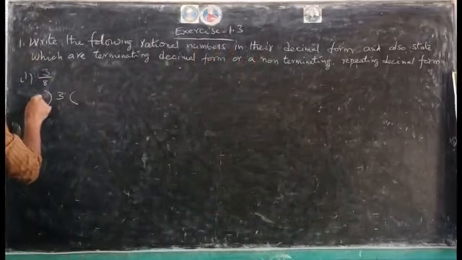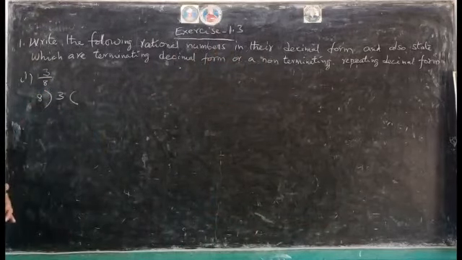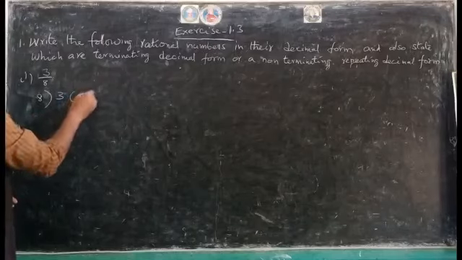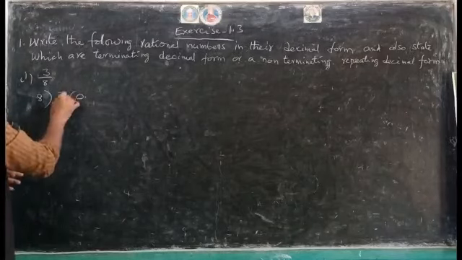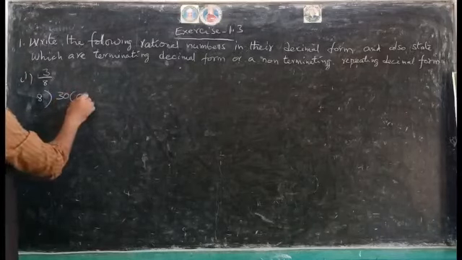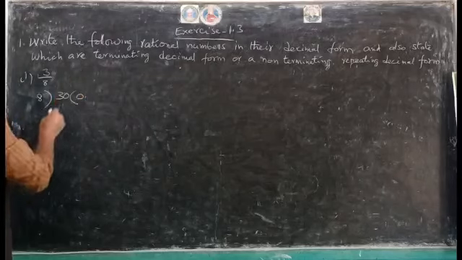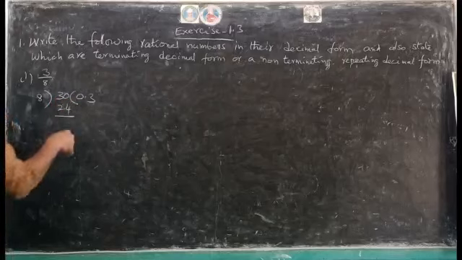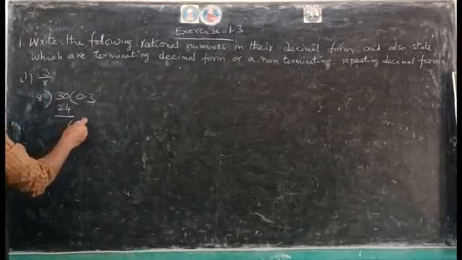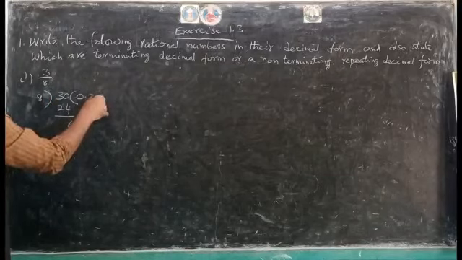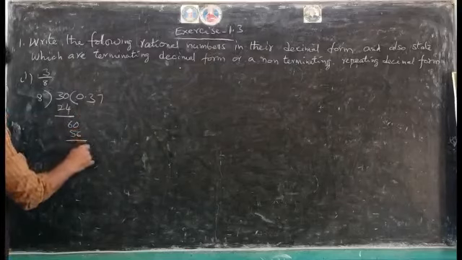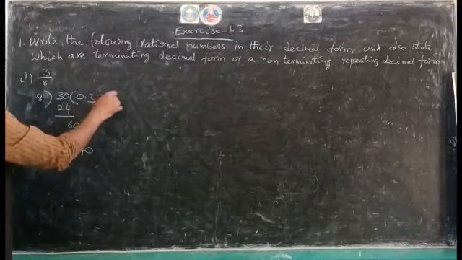Take 3 like that. Do the division. 0 point. Here put 0. 0.30. 3 8s are 24. Subtract, 6. 60. 7 8s are 56. 40. 5 8s are 40.